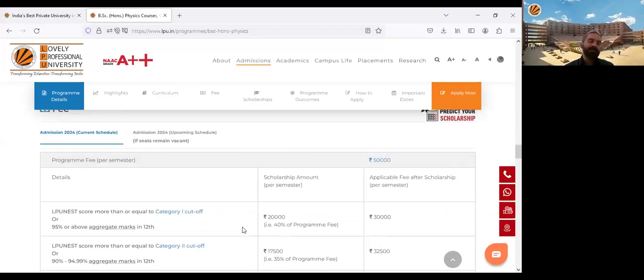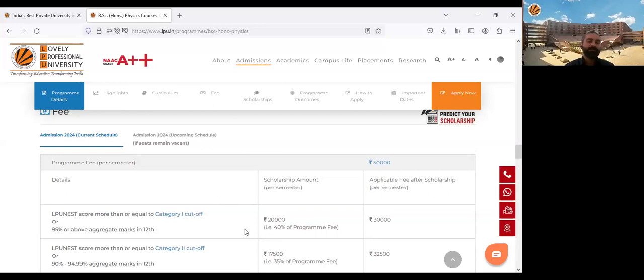Furthermore, as I have told you, BSc Honors Physics is of 4 years duration, and in our university, the fee basically depends upon the student's caliber. If you are good in the 12th class and good in LPNEST or CUET, then you will get the maximum benefit.